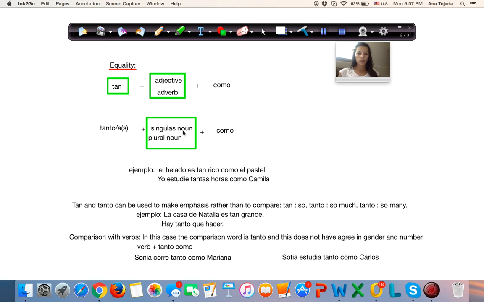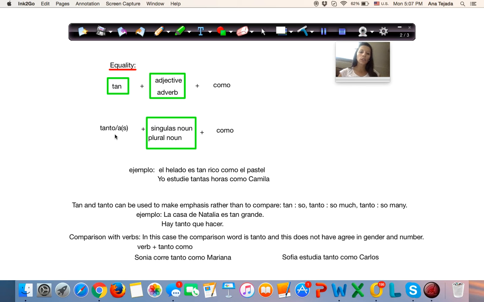Nonetheless, we have another situation when we use nouns to compare. Then we're going to use tanto. Tanto acts as an adjective. It's not an adjective, but it acts like one, which means it's going to have to agree. If you have a singular noun, it's going to be tanto or tanta.